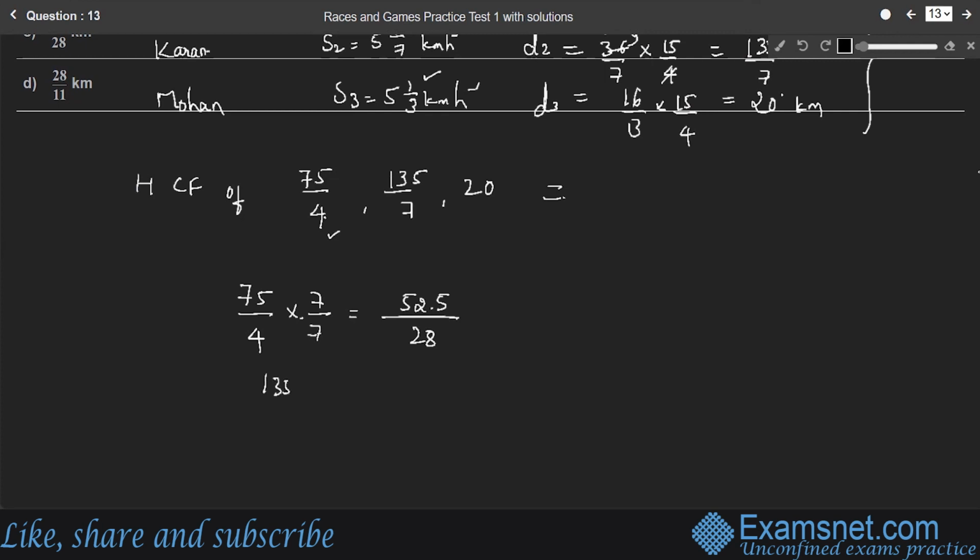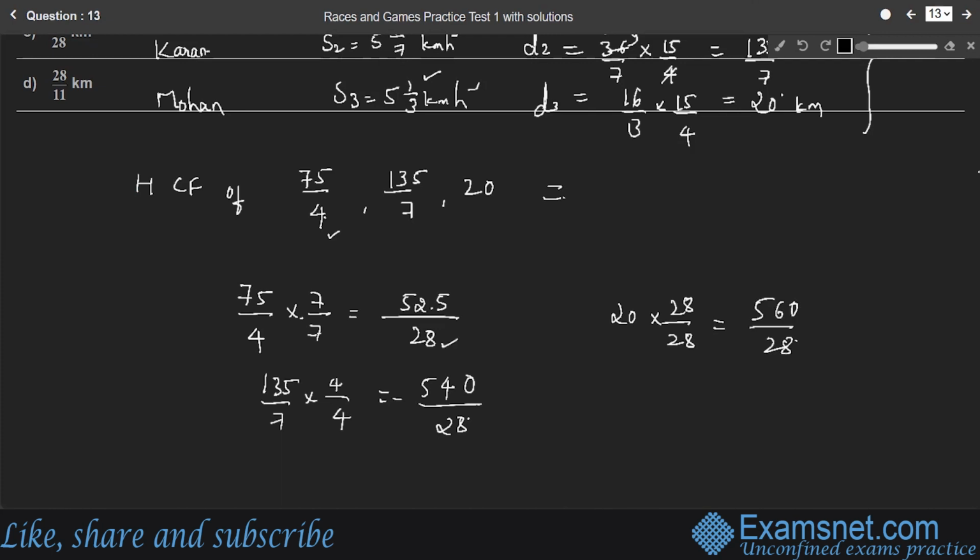Whereas 135 by 7 can be converted by multiplying and dividing by 4, so it becomes 540 by 28. And the third number 20 can be written, when multiplied and divided by 28, as 560 by 28, right?